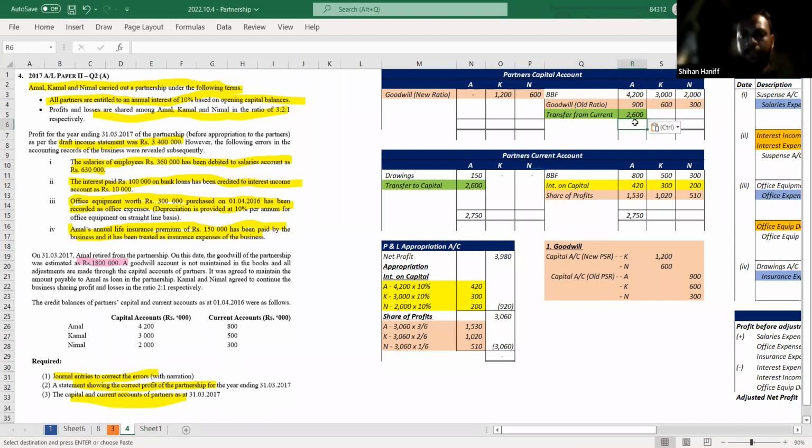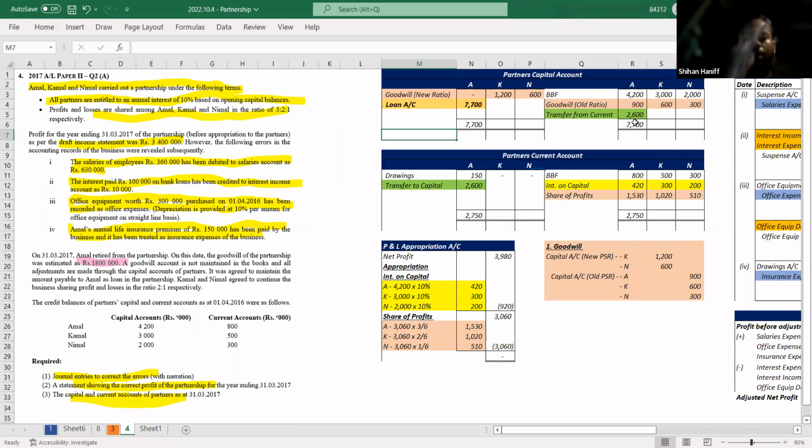Then the capital account balance, 7,700, is transferred to the loan account. So that will be transferred to the loan account. Okay, current account balance we transfer to the capital account.